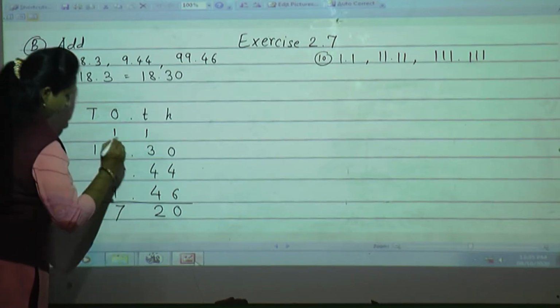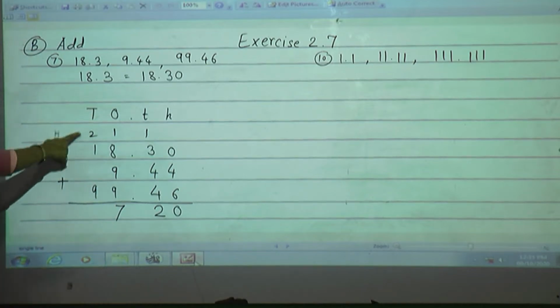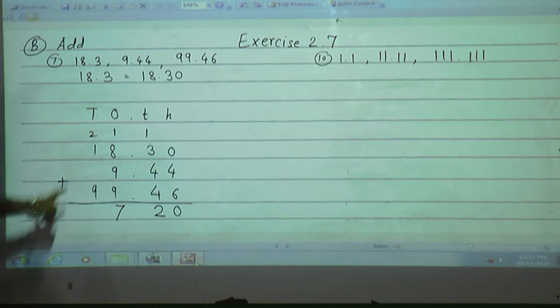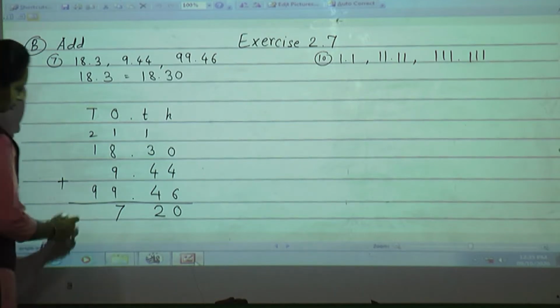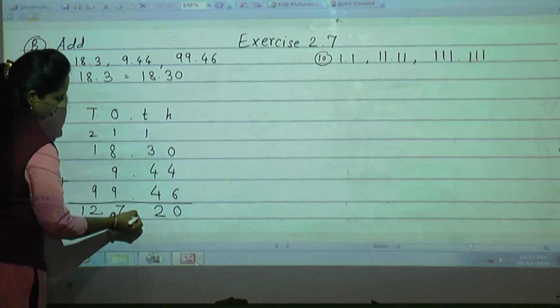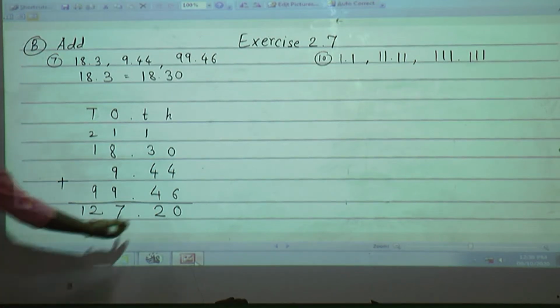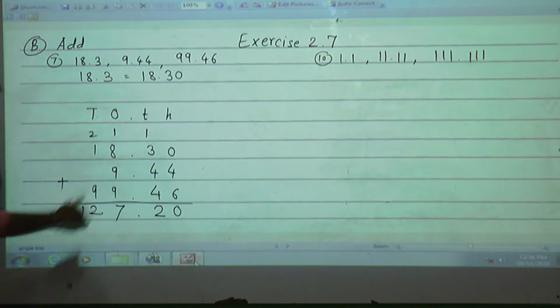So write here 7 and 2 will be carried to the tens place. 2 plus 1 is 3, 3 plus 9, tell me, is 12. Give the decimal point after 2 digits from the right side. Okay, clear? From the left, 1, 2, then give the point. So what is the answer?